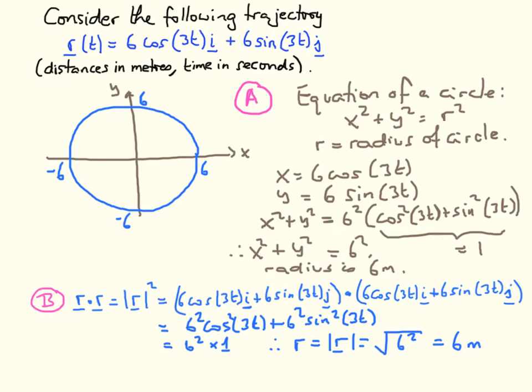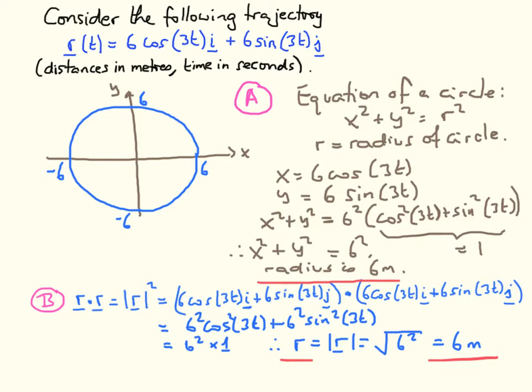So we see that the magnitude of the position vector squared is 6 squared, so r, the magnitude of the position vector, is simply given by the square root of 6 squared, so it's again 6 meters, and that's just what we would expect from the other way of approaching it. So we're going around a circle, it's centered at the origin, and its radius is 6 meters.